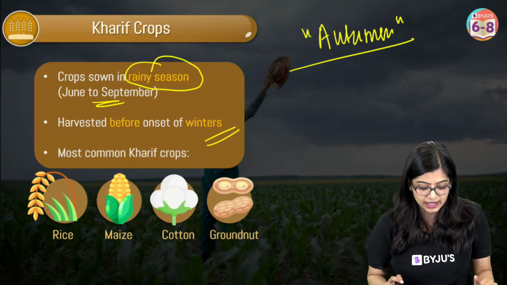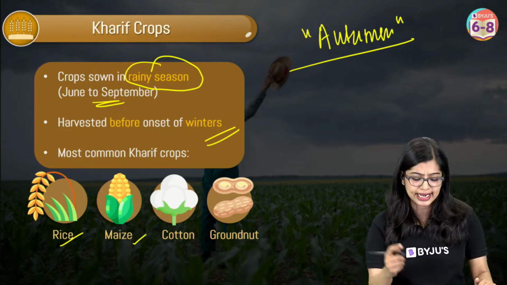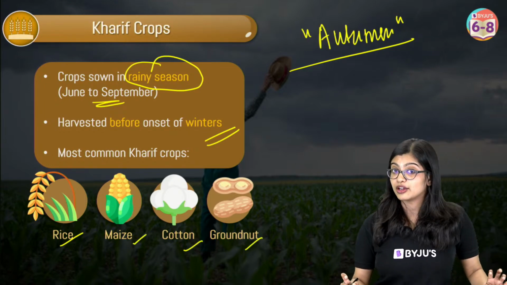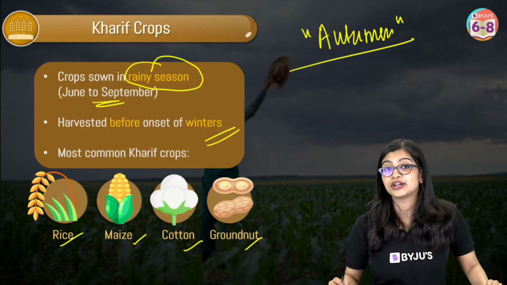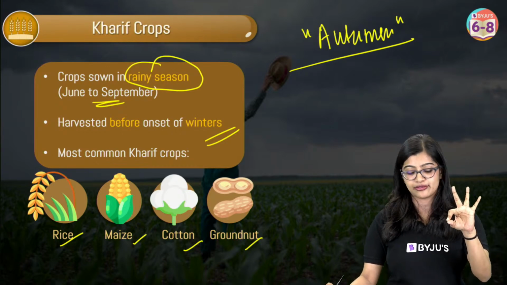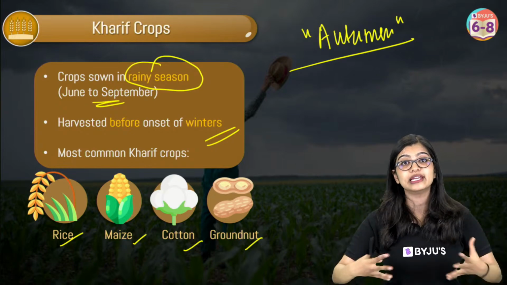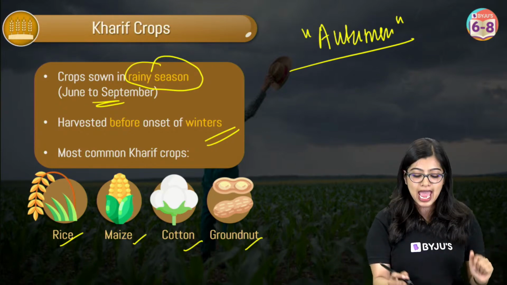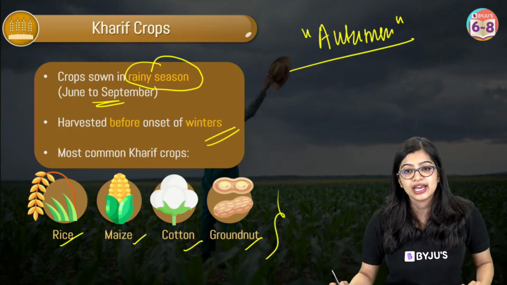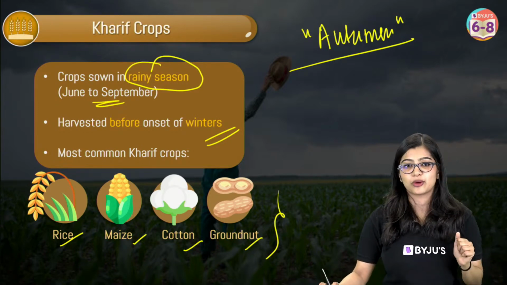Some very common examples of Kharif crops include rice, maize, cotton, and groundnut. This right here is very important. So these are the three main points when we talk about Kharif crops: they are sown in the rainy season, they are harvested or fully grown just before winter, and some examples.